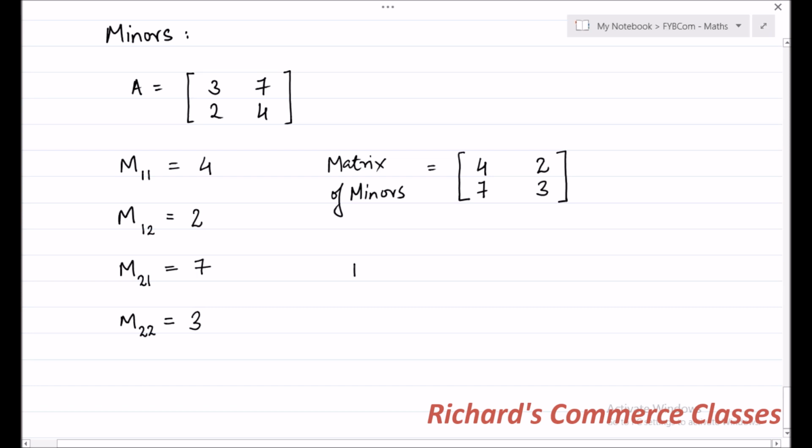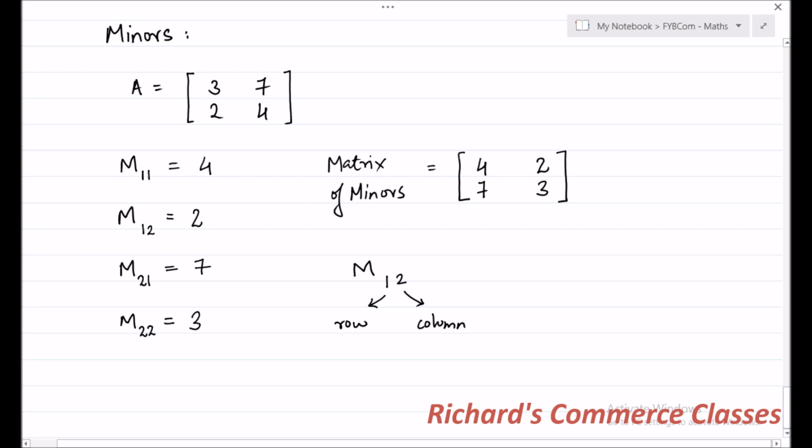Now remember, when we were writing M, let's say 1, 2, the first number denotes the row in which it is, and the second number denotes the column in which it is. And that's how you calculate minors for all the elements in a matrix.